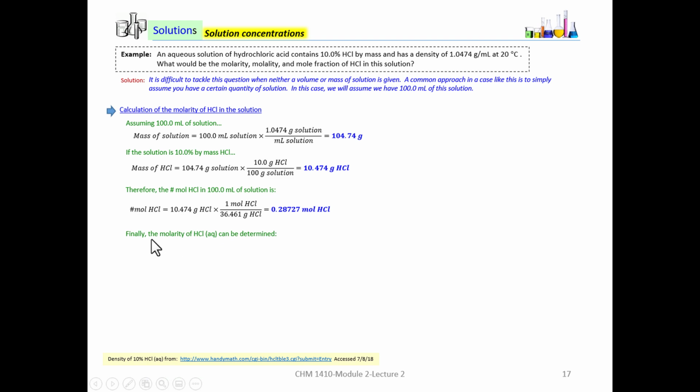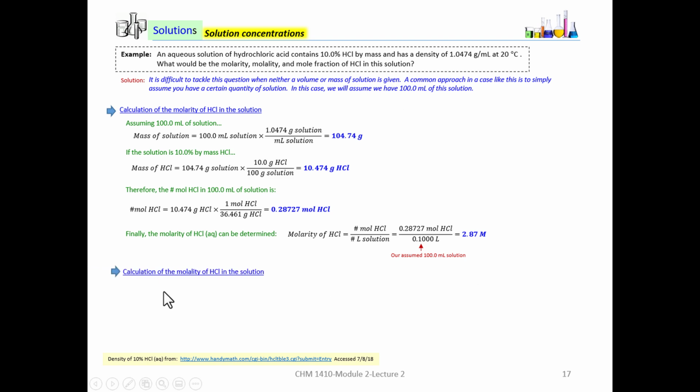And finally, since we have the number of moles of HCl, and we have the volume of the solution, which would be our assumed volume, we can get the molarity of HCl. This is the number of moles divided by our assumed volume in liters to get a molarity of 2.87 molar for HCl in this solution.